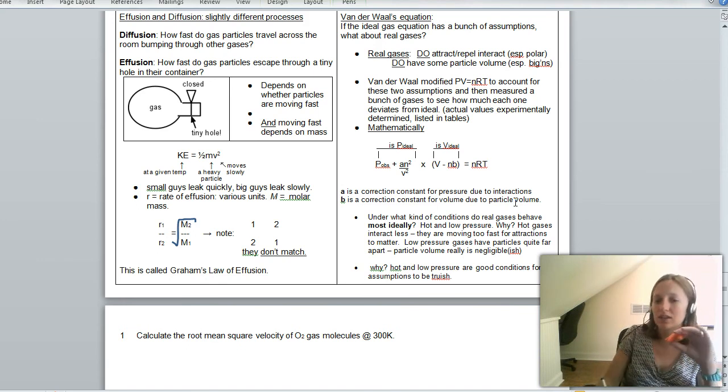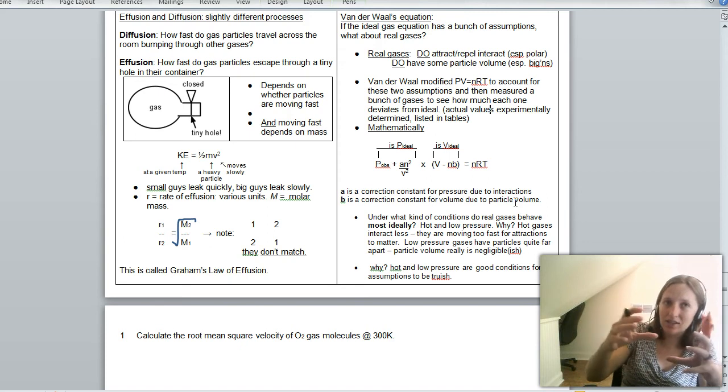And you've also got to consider that when something is cold, when you take a gas and you cool it down, what does it do? It condenses. That's a very good answer, Starfish. It condenses, and when a gas condenses, what's happening is that the attractions are so strong that they're actually now sticking to each other.